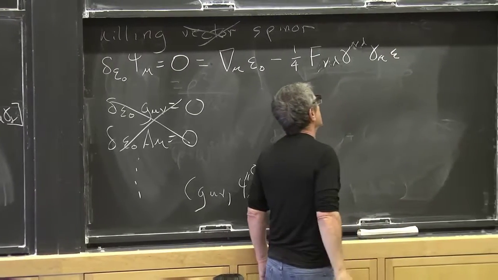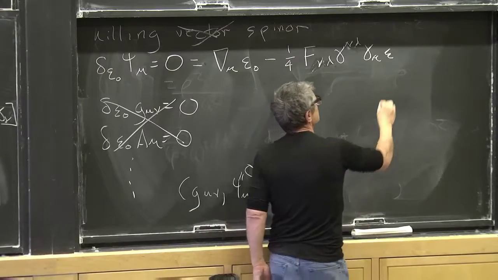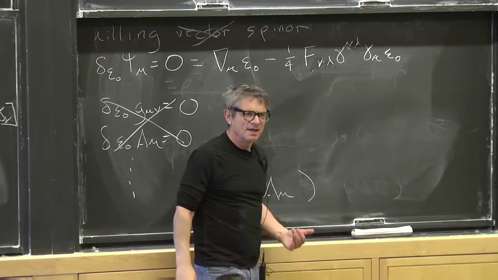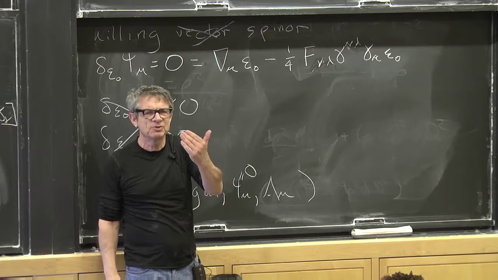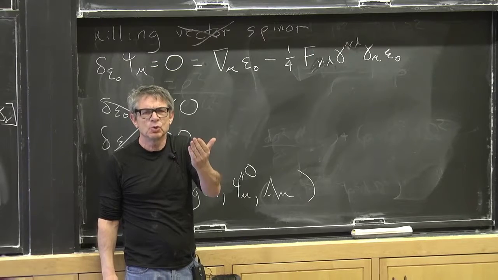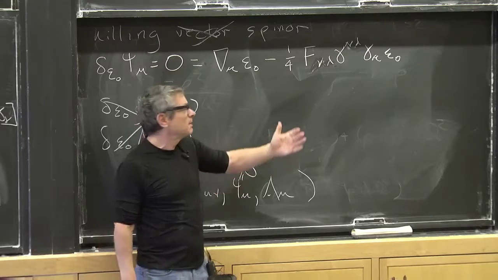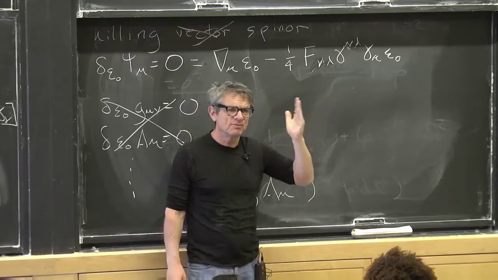Okay, now this equation is a spinor, and it's got a free index. It depends on F and the metric, the gauge field and the metric.